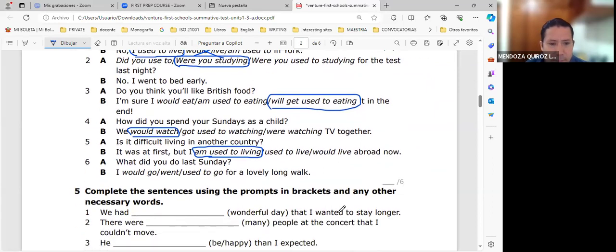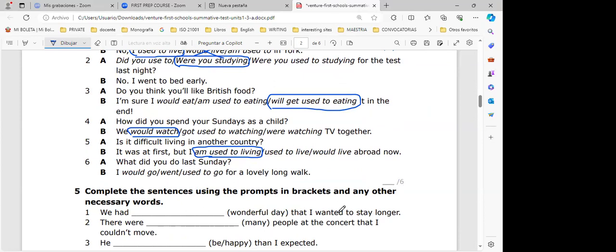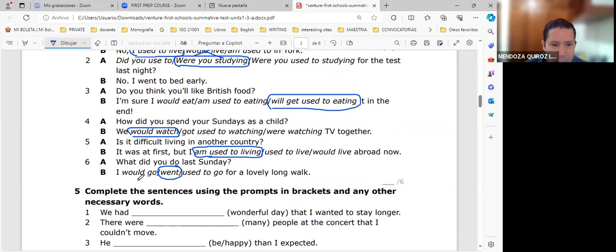Number 6. Naomi, number 6. What did you do last Sunday? I went for a lovely long walk. Now, in this case, you cannot use would or used to because the question is very specific. What did you do last Sunday? Specific day. When? Last Sunday.